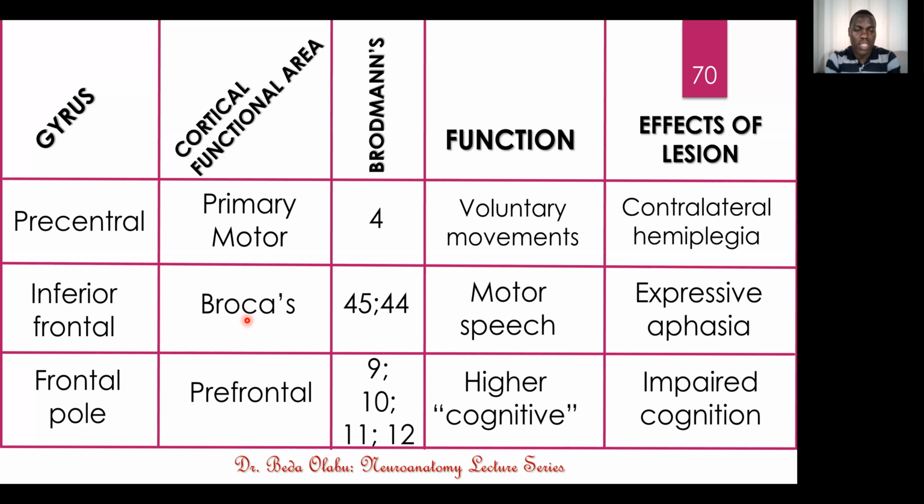The term dominant hemisphere is a common term you'll be coming across in neuroanatomy. It simply refers to the fact that there's one hemisphere that has some functions that dominate over the other. And in simple terms, if you are right-handed, then your dominant hemisphere is the left one.